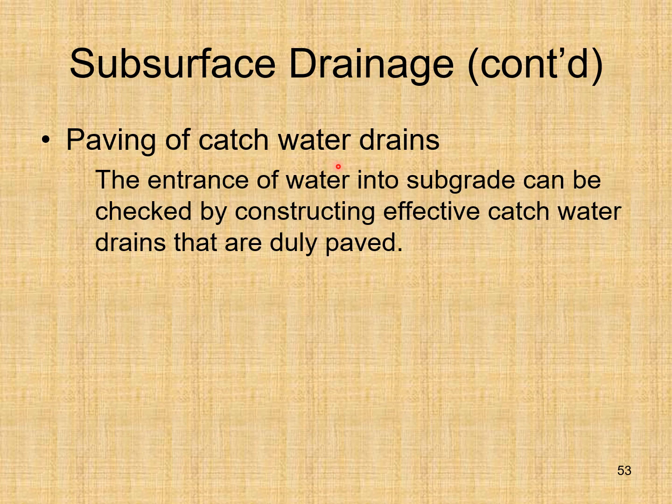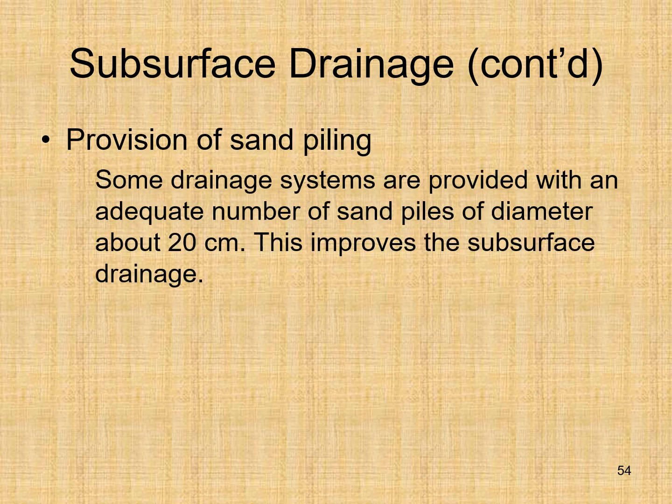Paving of catch water drains. The entrance of water into subgrade can be checked by constructing effective catch water drains that are duly paved. Now the provision of sand piling. Some drainage systems are provided with an adequate number of sand piles of diameter of about 20 centimeter. This improves subsurface drainage.